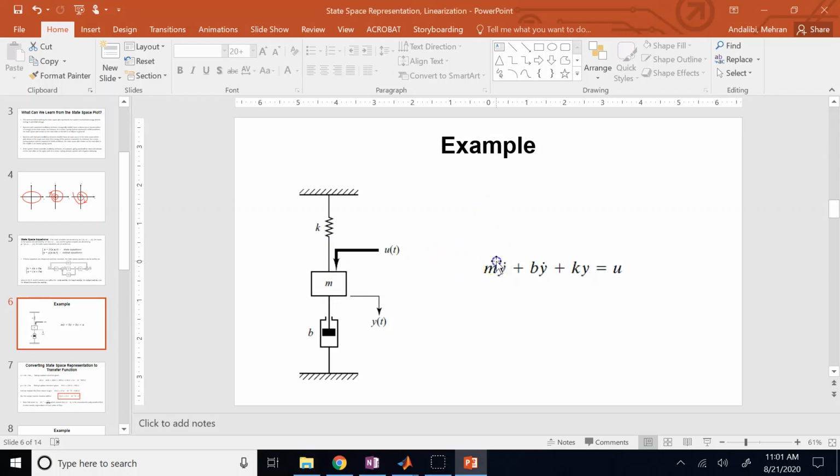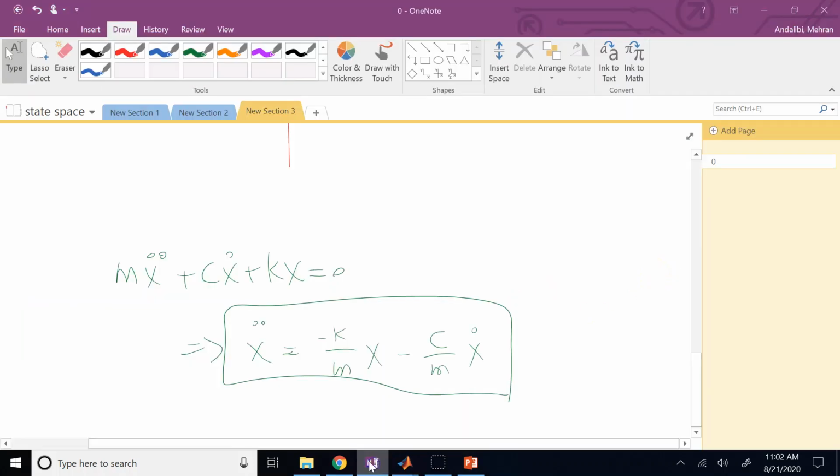If that's the case, then your governing equation in the Y direction will be similar to what we had in the X direction: M y double dot plus B y dot plus K y equals U. Here I call the damper constant B instead of C. Doesn't change anything. And you might wonder, where has the gravity force gone? Shouldn't it be also included here? No. That's why I said it starts from equilibrium.